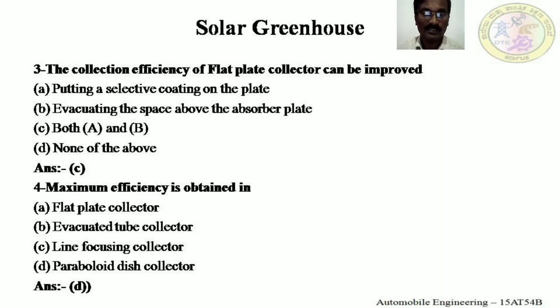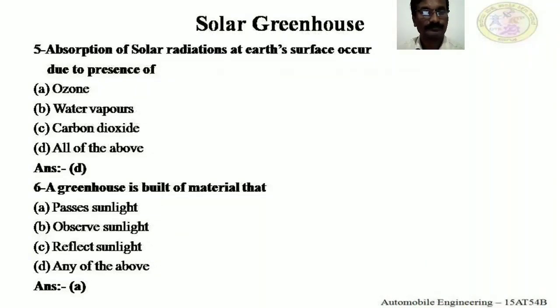The rays coming from the sun concentrate at one point. When concentrated at a single point, the heat efficiency is maximum. So the correct answer is parabolic dish type collectors.